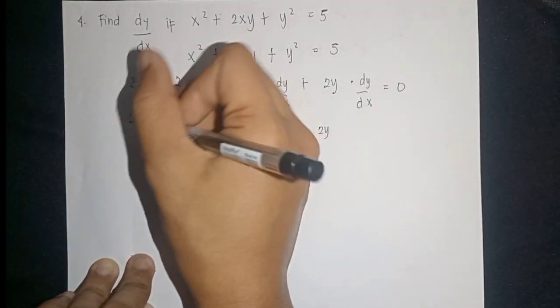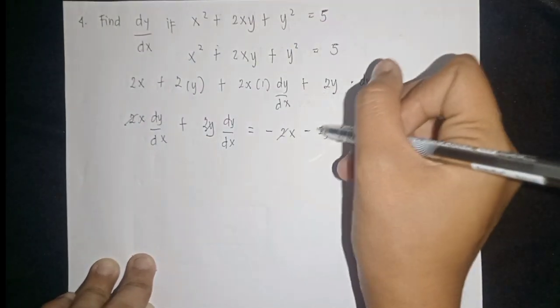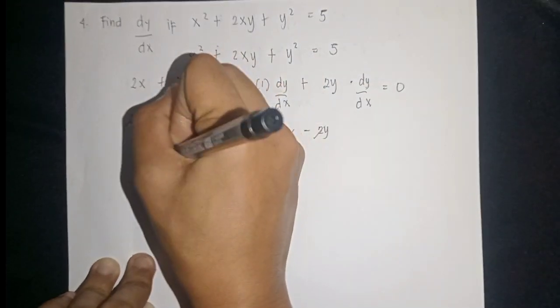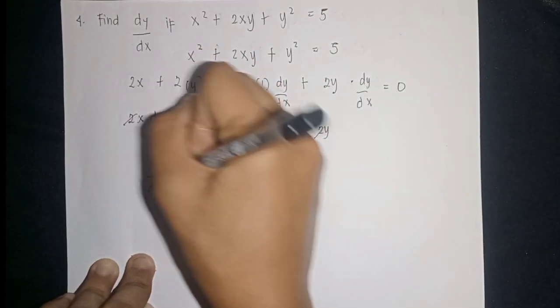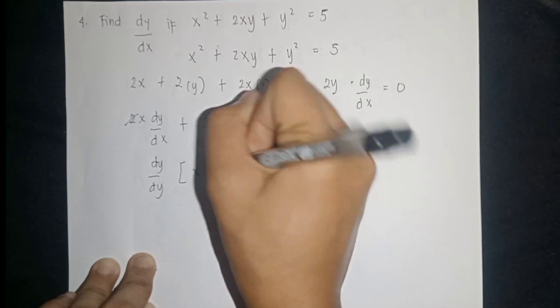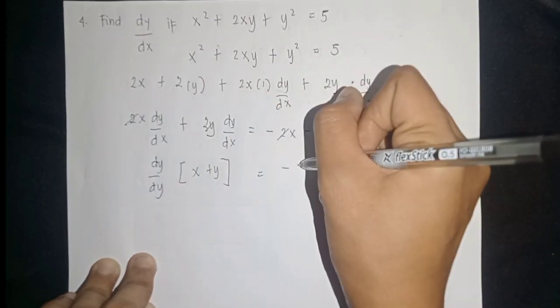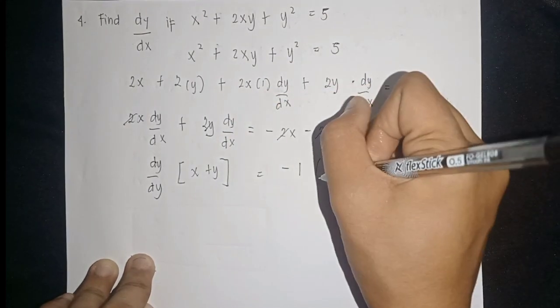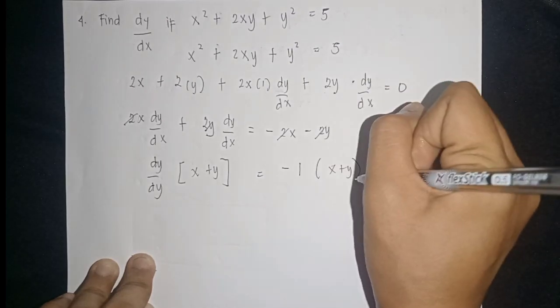And then after this we can see that we can cancel the 2's, and then copy the derivative of y over dx times x plus y is equal to negative 1 times x plus y.